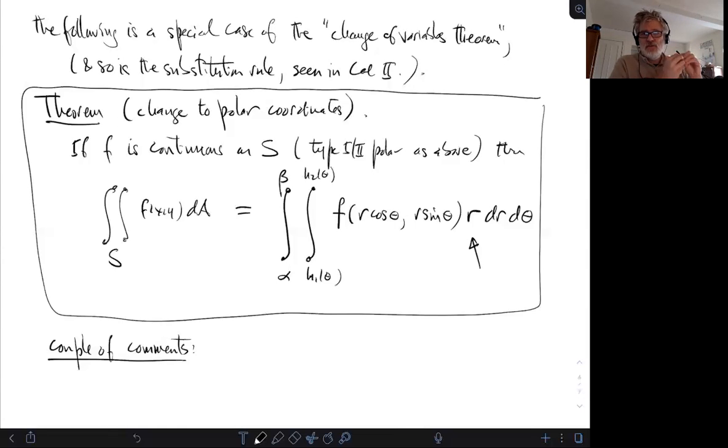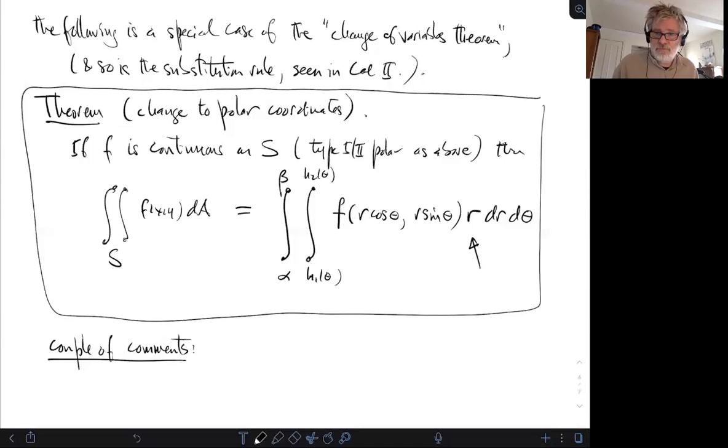If you take a small rectangle, when you chop things up in small rectangles, it doesn't matter where the little rectangle is. It has the same area. But in the polar world, when you chop into little pieces of small delta r, delta theta, depending on how far you are from the origin, you don't get the same area. So you have to compensate to get the right value by this factor r.